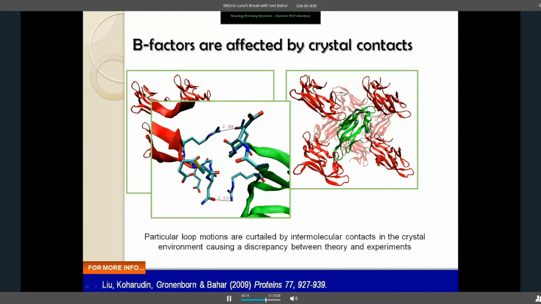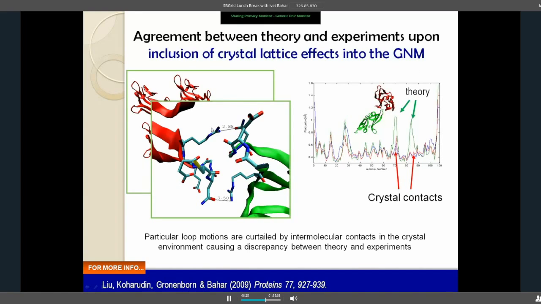And the B factors in those cases will naturally reflect the fact that there are such intermolecular constraints. So the corresponding residue fluctuations would be suppressed. And indeed, when we compare theory and experiments, the fluctuations as a function of residue number, we found that there is a discrepancy at those regions between the theory and experiments.